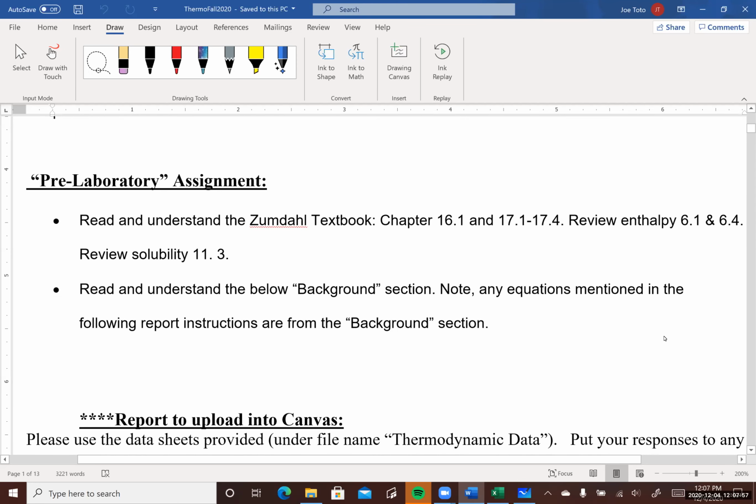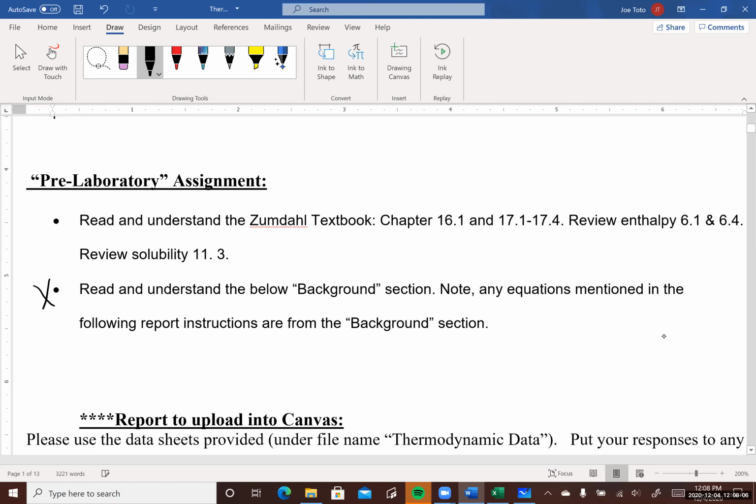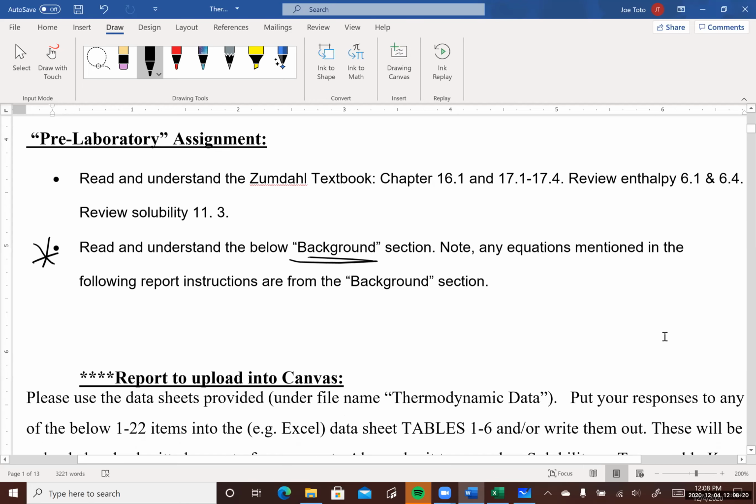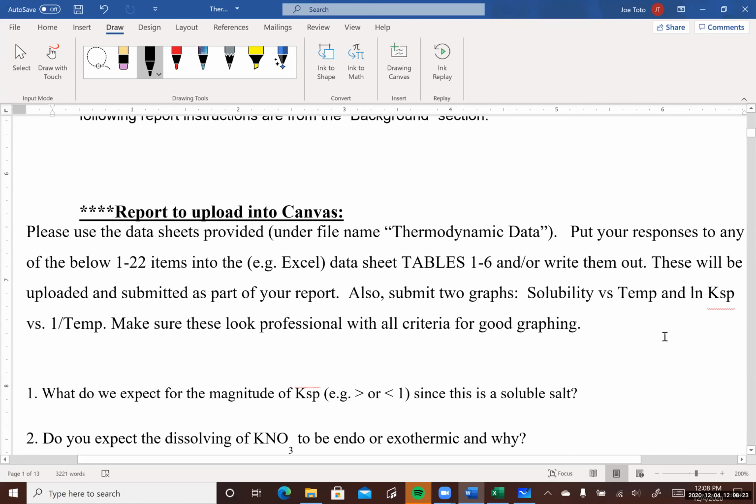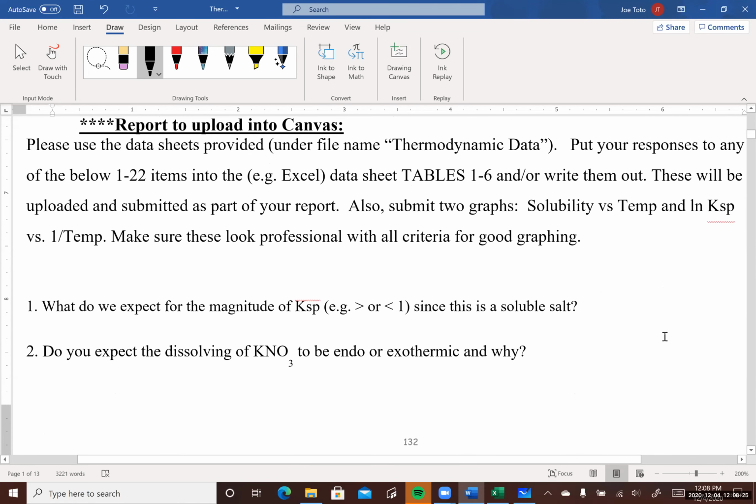I just want to let you know that the best thing you could do to prepare this report is to really read and study the background in this electronic file, because everything that you need is in there, including the experimental setup. But anyway, let's get right to the questions for your report.